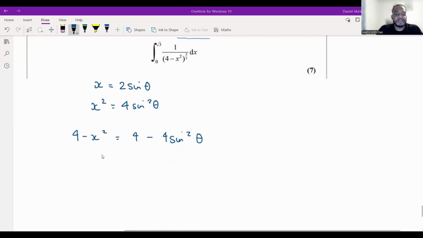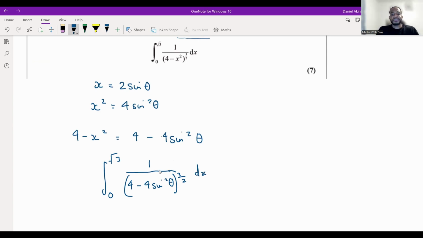So it's going to be the integral between 0 and root 3 of 1 over 4 minus 4 sine squared theta, and this is all to the power of 3 over 2, isn't it? And then dx. Now, that dx needs to go.